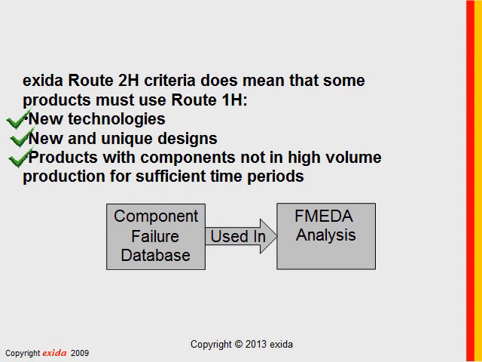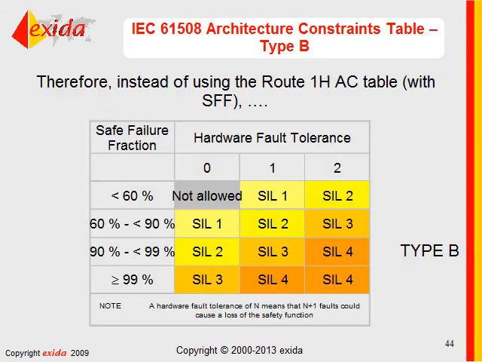And in the exida SERH database, with the next release, we will mark those components where we have documented and traceable evidence of Route 2H compliance. If you do have this, you can use it instead of the Route 1H table.